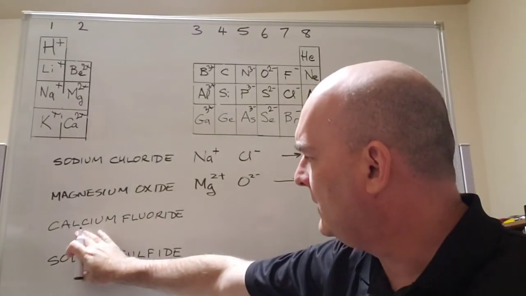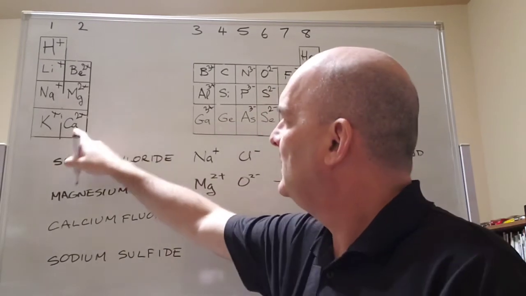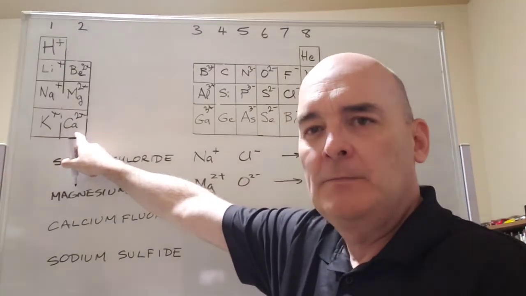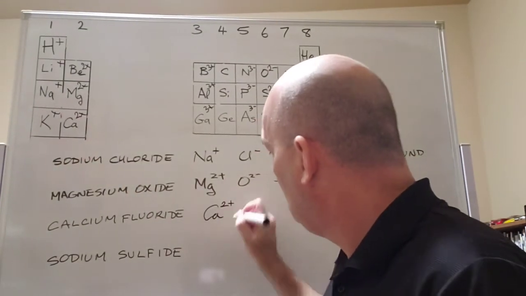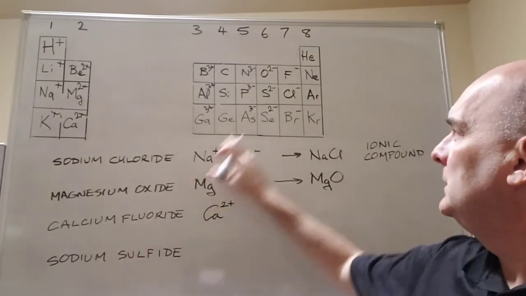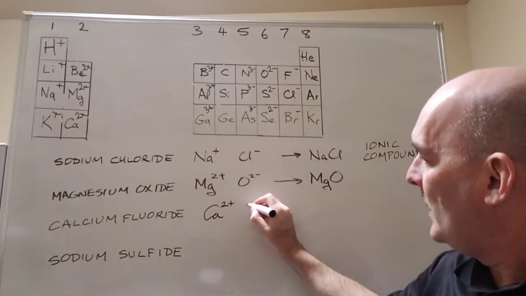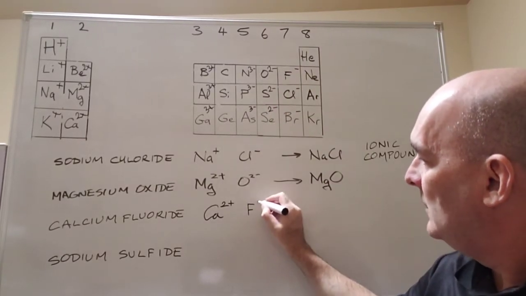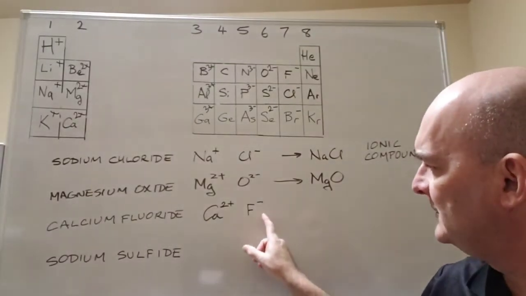So I'm going to find my metal, calcium. Calcium is in group 2, so it's going to lose 2 electrons and become a 2+ cation. Fluorine is in group 7, so it's going to gain 1 electron and become a fluoride, which is a 1-.